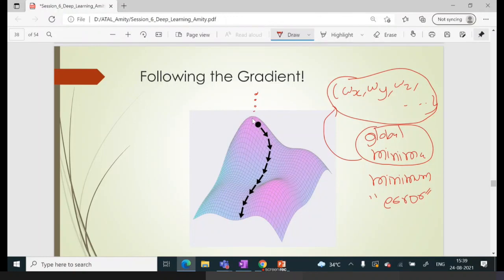Automatically, depending upon the slope of this surface, the droplets will follow some path. So let's say the droplets are following this particular path, and finally they are stable at one particular point. That particular point where the droplets are not moving will be my global minima. And I will send the corresponding weight values as my final output of training. So this should happen actually, right? This is the objective.